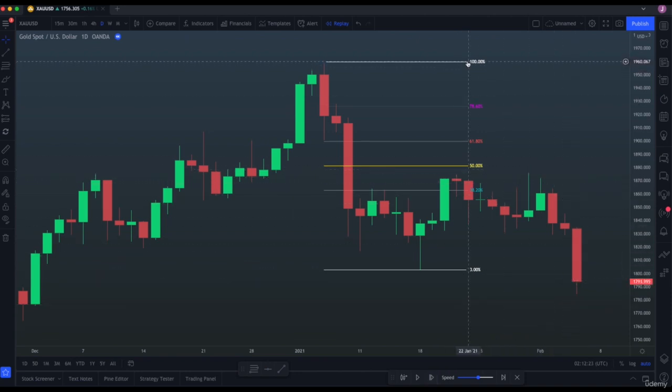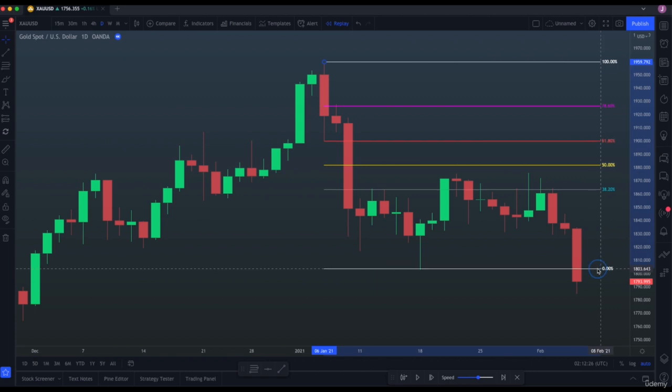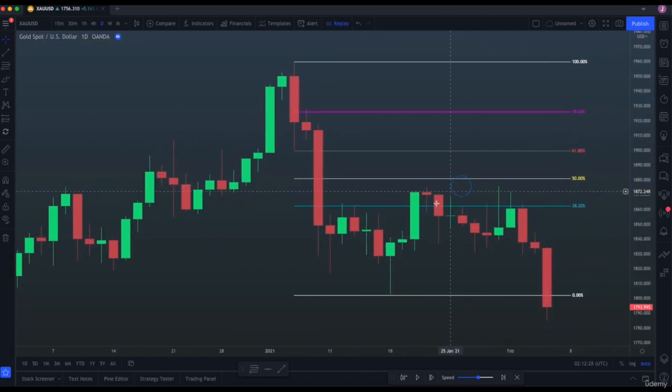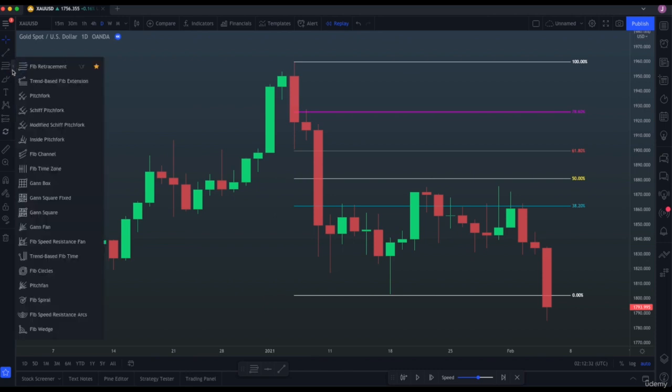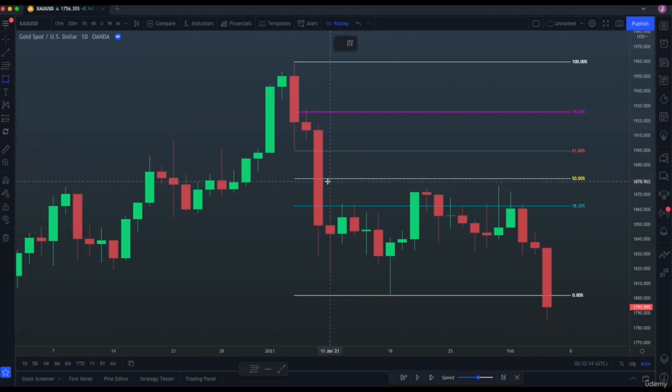All right. So as we can see, this area between 38.2% and 50% retracement held, right? Okay. And then moved down.